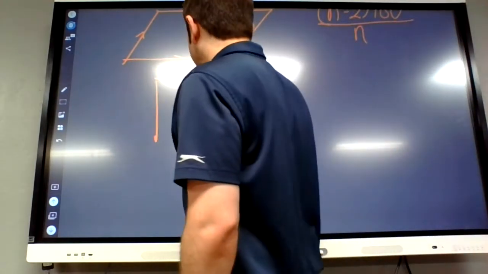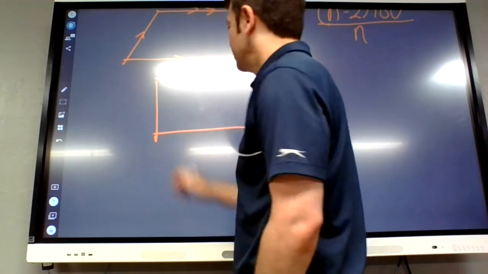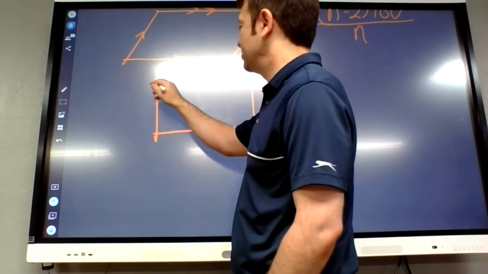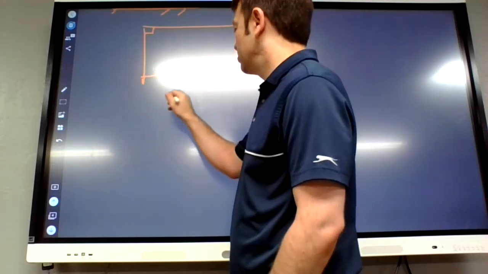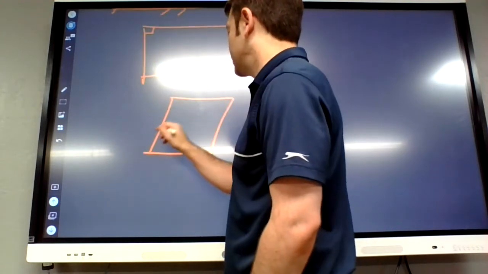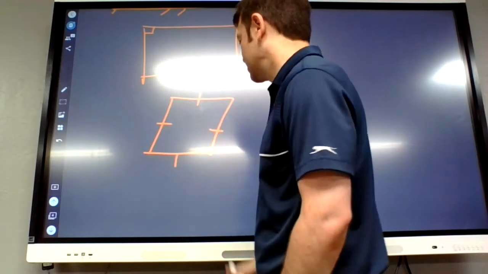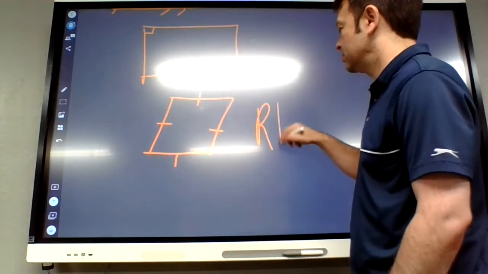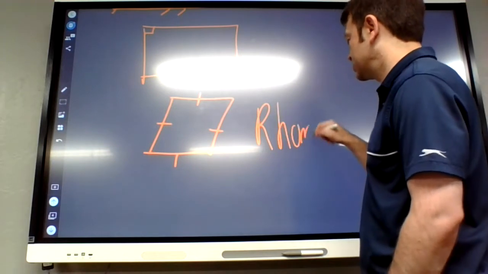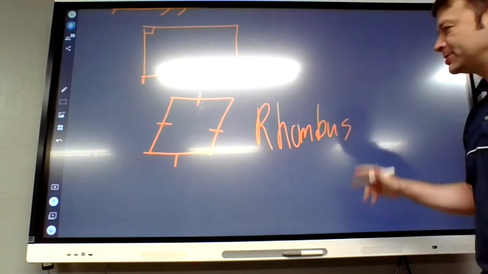What's this? That is a rectangle. What makes a rectangle a rectangle? All 90-degree angles. What is this? Rhombus. What makes a rhombus a rhombus? All sides are equal.